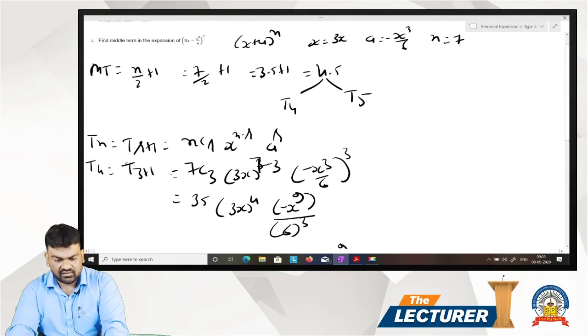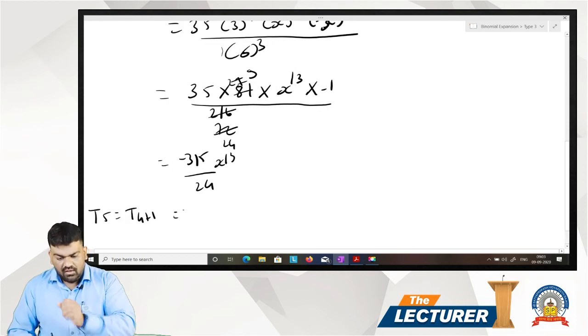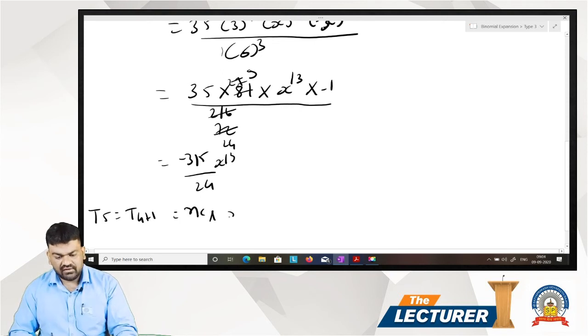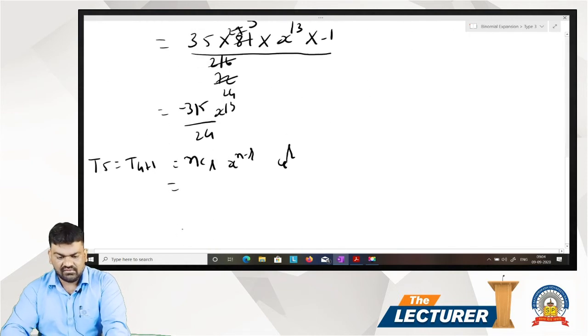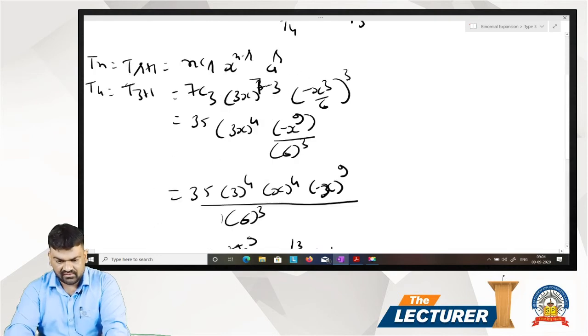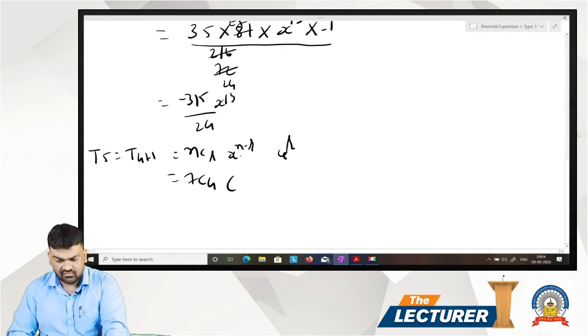Now T5. T5 is equal to T(4+1), nCr x raised to n minus r, a raised to r. What is n? n means 7. 7C4. What is x? x means 3x, 3x raised to 7 minus 4.